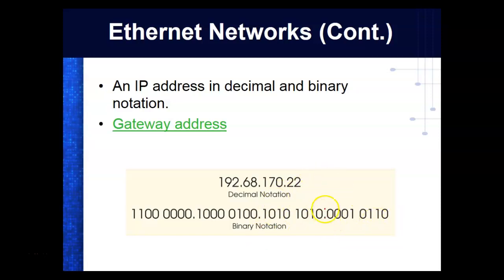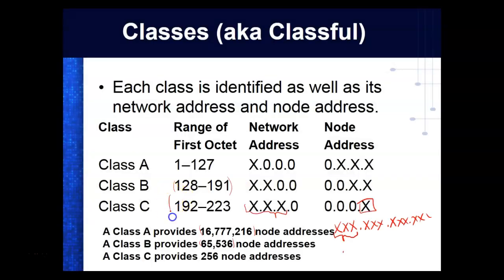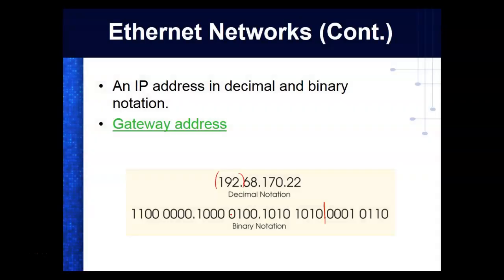So to identify the network ID, this is a 192, and 192 means this is a Class C. The subnet mask to identify the class on these was fixed.